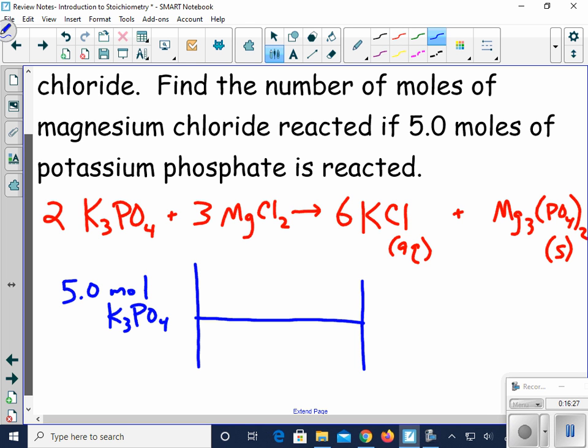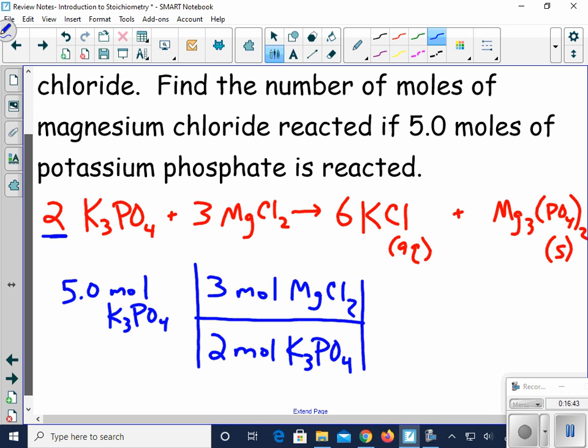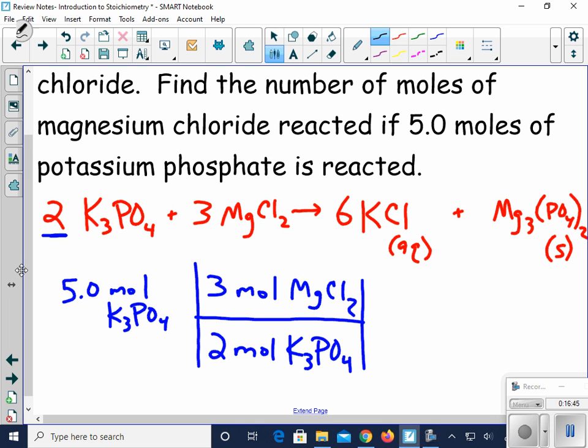So I can see based on my molar ratio, 2 moles of potassium phosphate will react with 3 moles of magnesium chloride. My moles of potassium phosphate cancel.